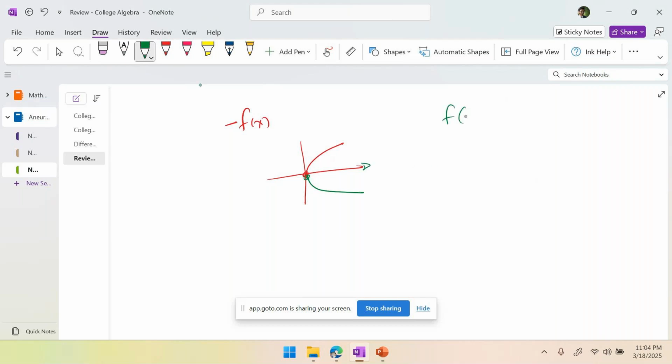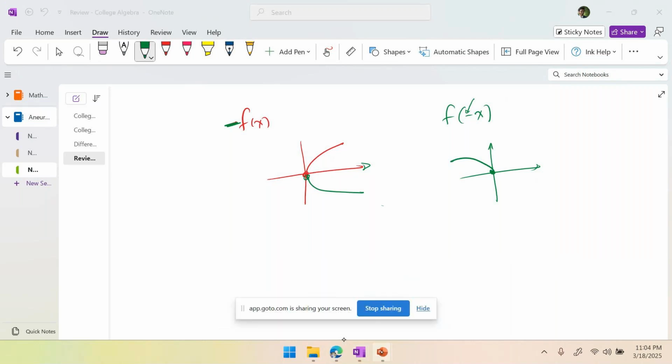And if you change it like this, it flips to the other side across the y-axis. So see the difference. Here you have a minus, it reflects around the x-axis. Here you have a negative inside, it reflects around the y-axis.